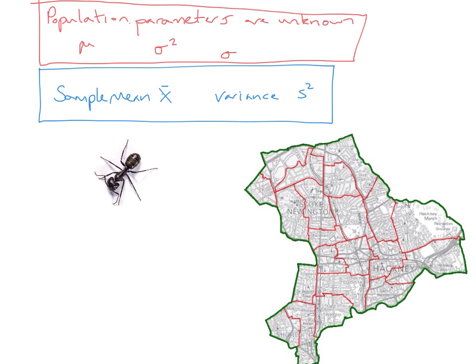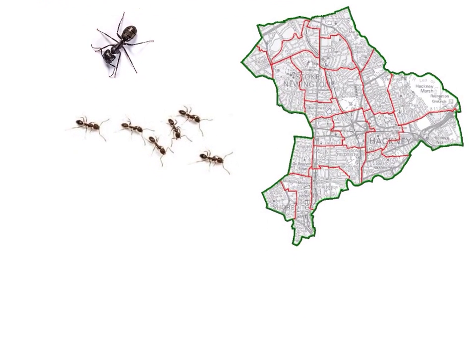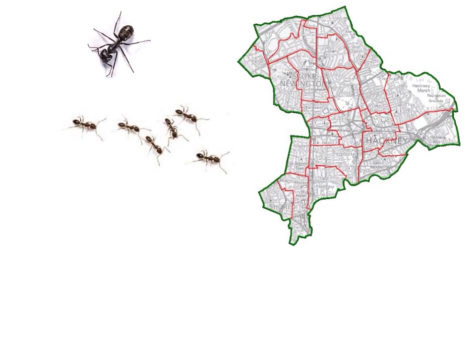So instead, we'd have to take a sample and generate statistics about the length of ants in Hackney. If I randomly select some ants to be our test subjects, we could start generating statistics about them. So I could find the sample mean of this group.